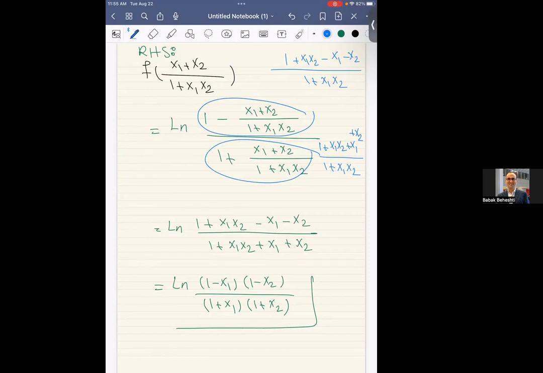You can factor. 1 minus x1 times 1 minus x2 is 1 plus x1 x2 minus x1 minus x2, right? Just multiply 1 minus x1 times 1 minus x2. What did you get?